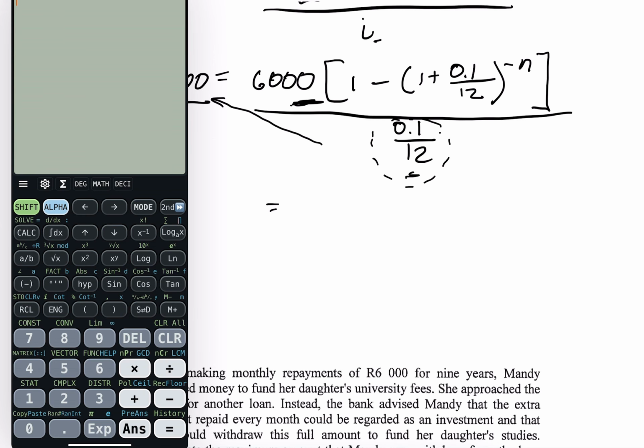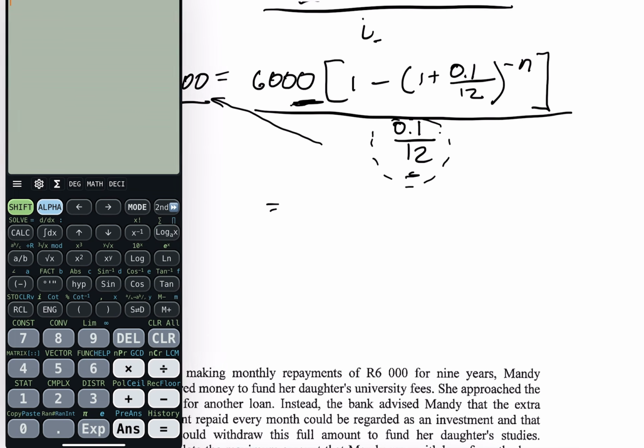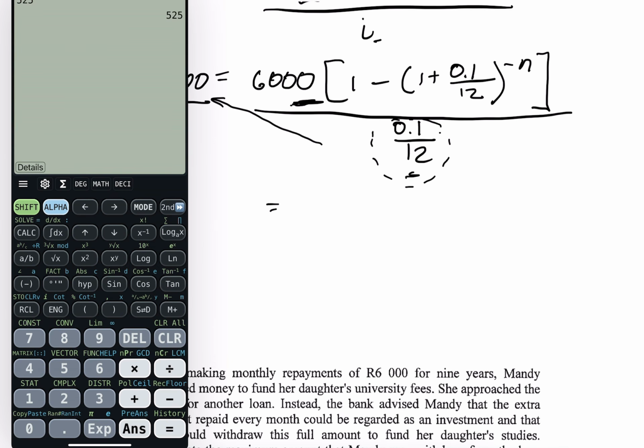In fact, let me not talk so much and just make the calculation. So that's 525 multiplied by 0.1, divided by 12. Okay, we get that amount, 437, and what I'm going to do is divide that amount by 6,000.